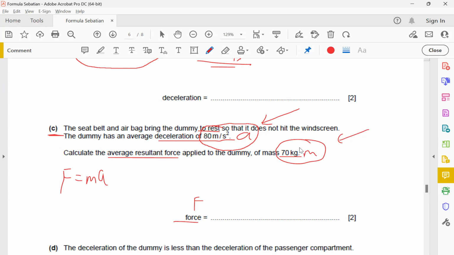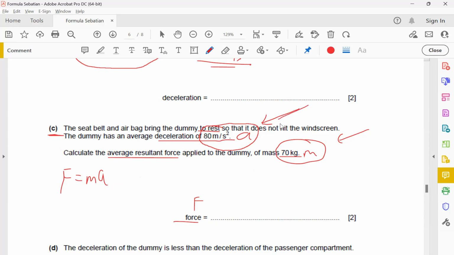If I have a and m, what other formula can I make? It's only the F equals to ma formula, right? It's like literally, if I give you banana, you can make banana cake. If I give you carrot, you can make carrot cakes, right? Can I give you chocolate and ask you to make banana cake at all? It doesn't work that way, right?